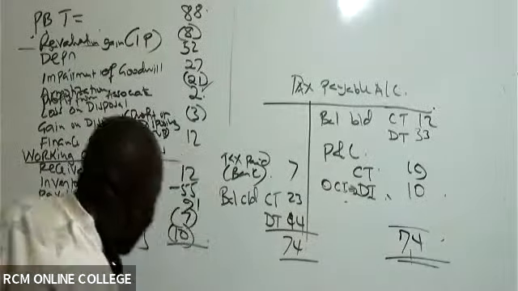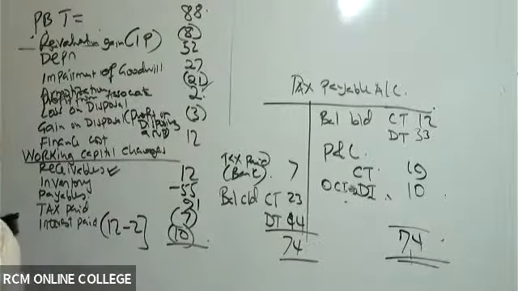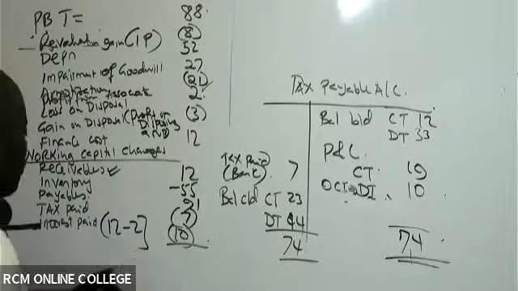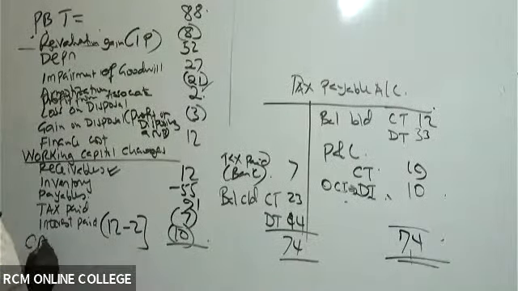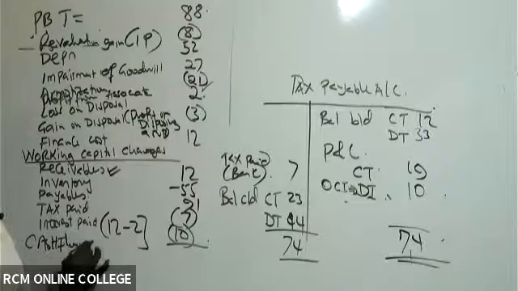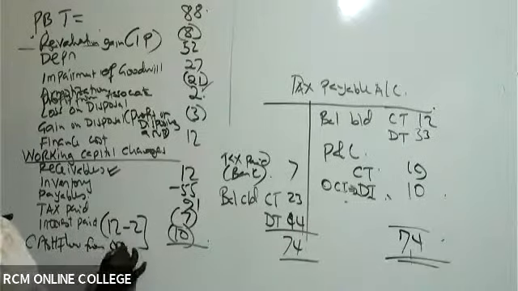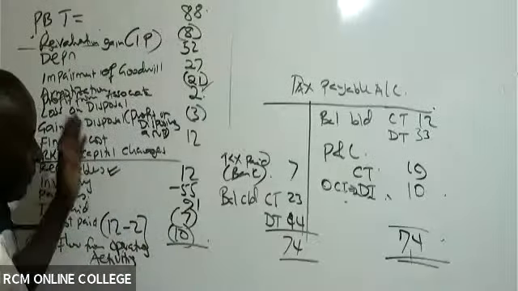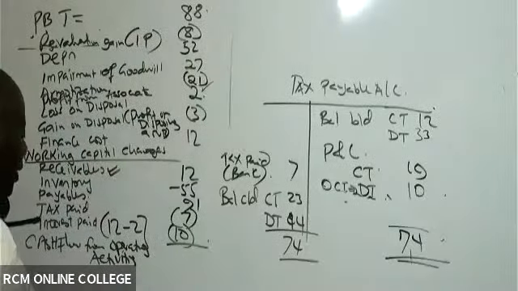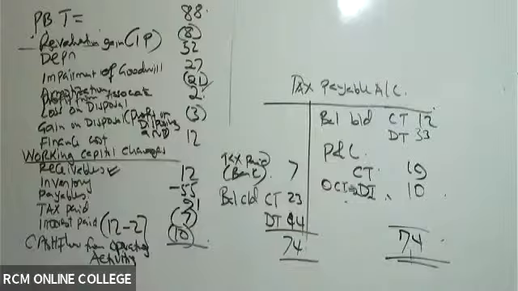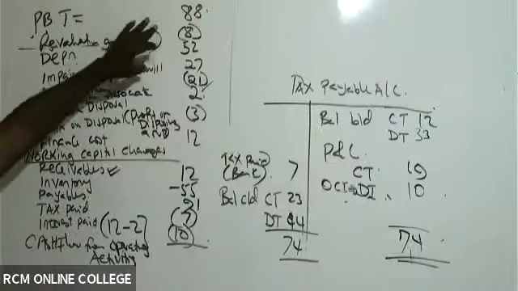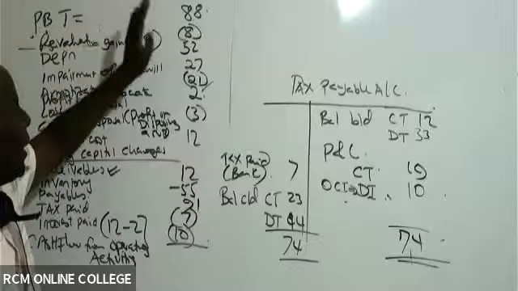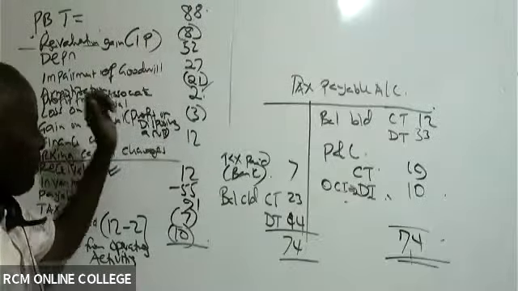So go ahead here and give me the cash flow from operating activities. Remember this 10, you can still take it under financing activities, but this semester, we shall do it this way. Cash flow from operating activities. How much do we have from the very beginning here? 88 minus 8 plus that, plus minus.